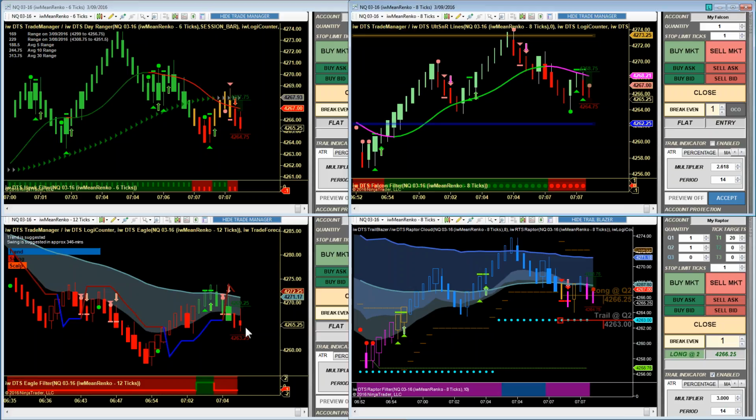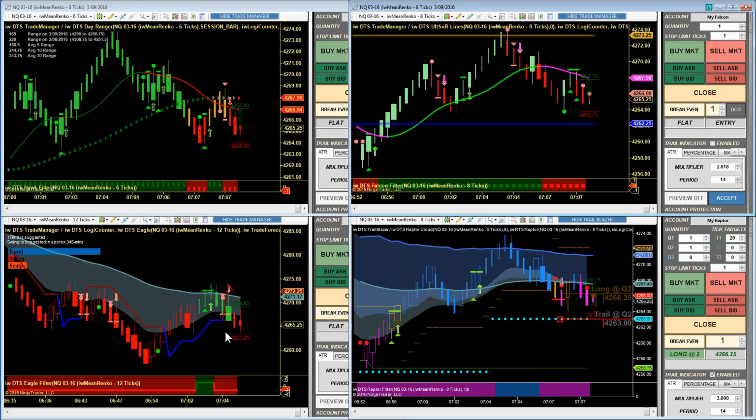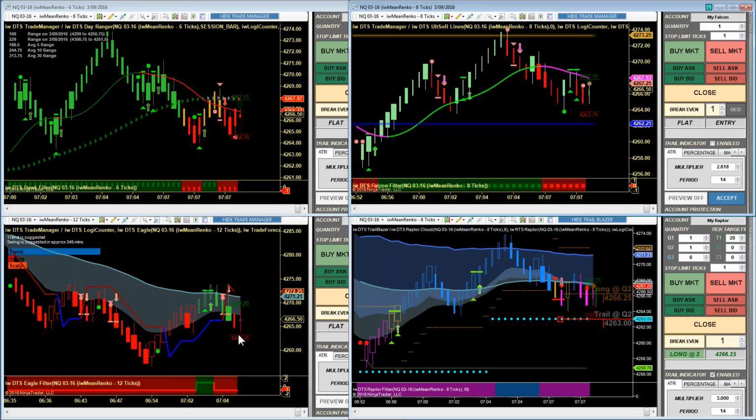I'm using the mean Renko bars, which come standard with the DTS system. If you want to use regular Renko bars or some other type of Renko derivative or range bars, they will work on that too. They'll work on tick bars. They don't work on volume bars for obvious reason. Volume bars are already printing at set volumes.